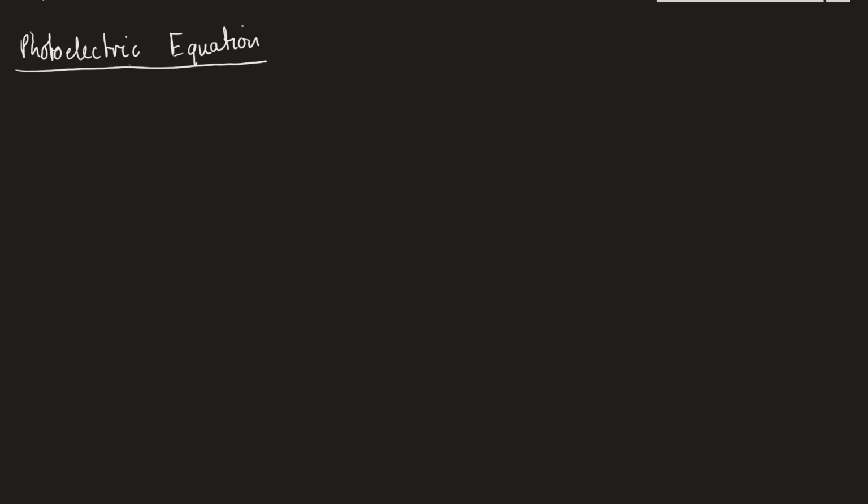So if we've got an amount of energy given by a photon coming in, that energy has to be used to release the electrons from the surface, and then any excess energy that they still have will go to kinetic energy. If they don't have any kinetic energy excess, then they'll just stay stationary. So what we're saying is the total energy input has to be equal to the total energy output, which makes sense. That's just conservation of energy.